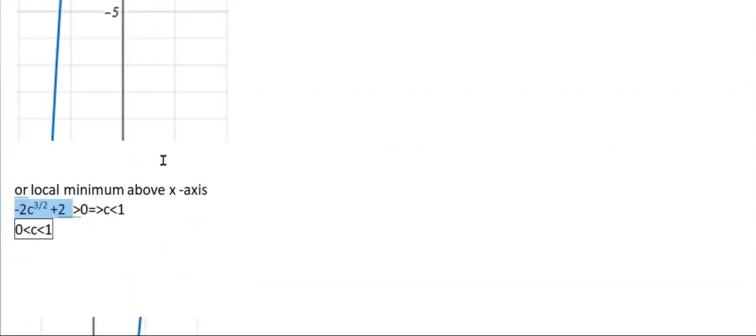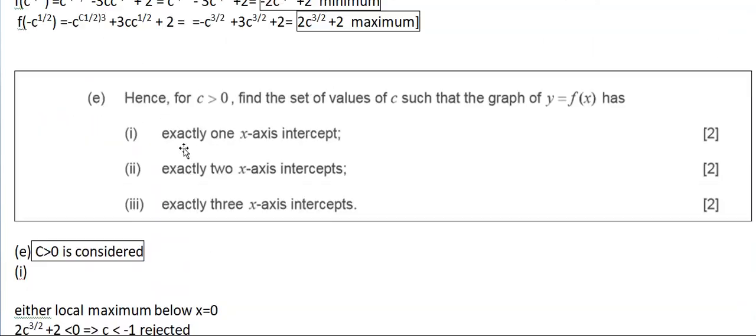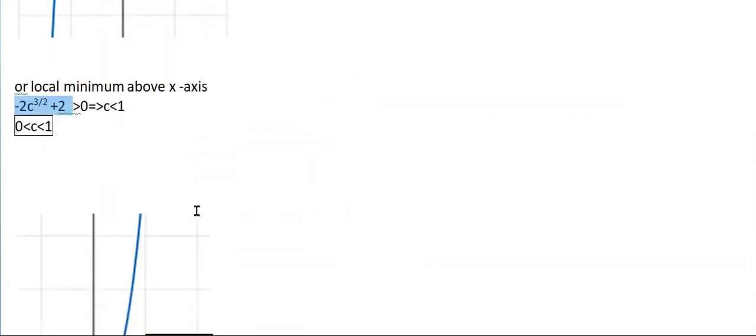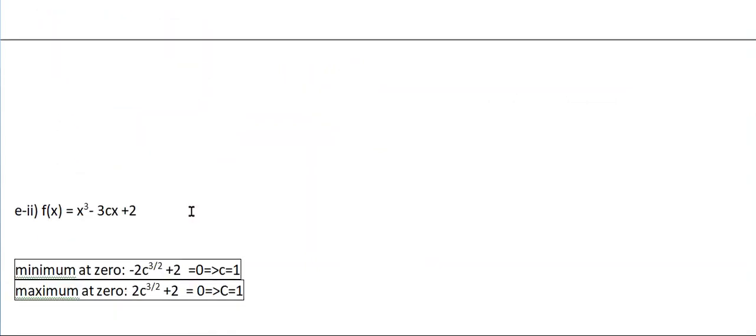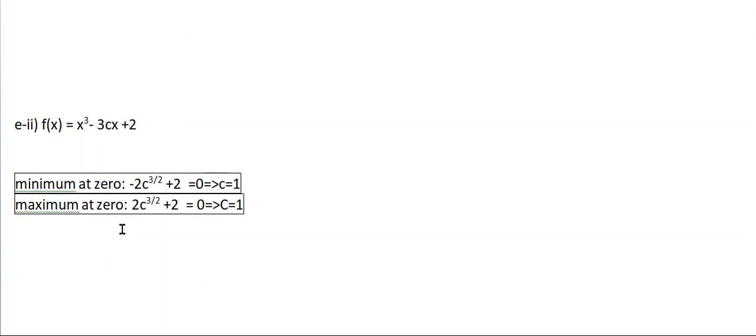Then question E, exactly 3 x-axis intercepts: minimum at 0, maximum at 0. This happens when c equals 1.